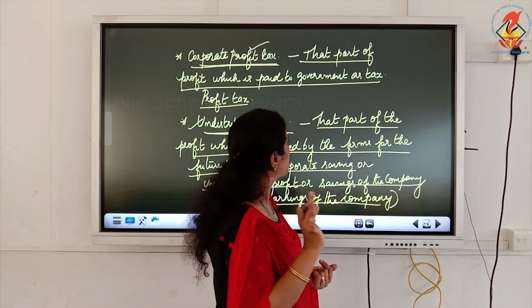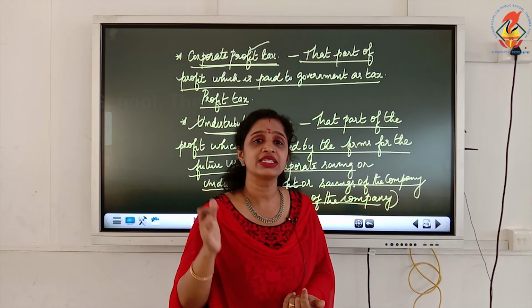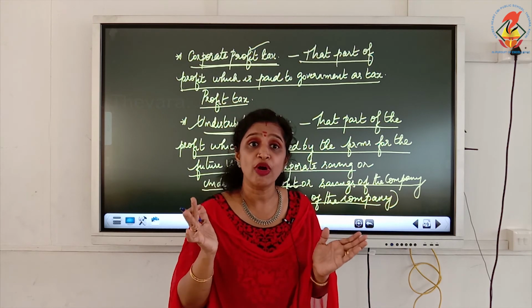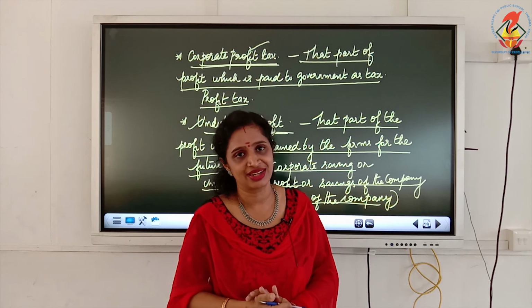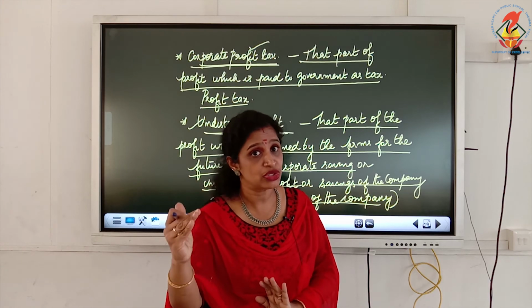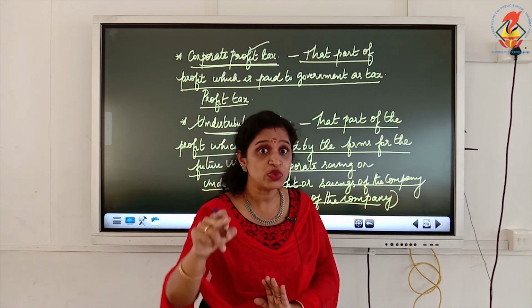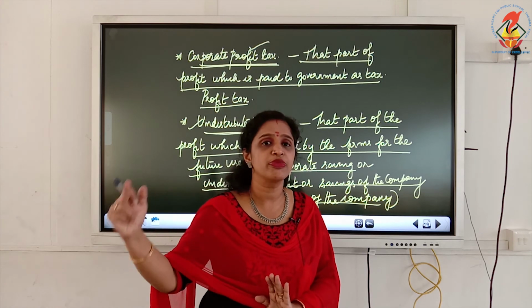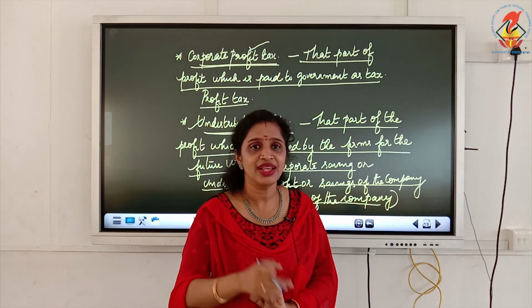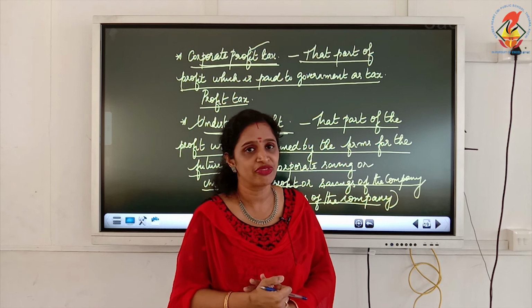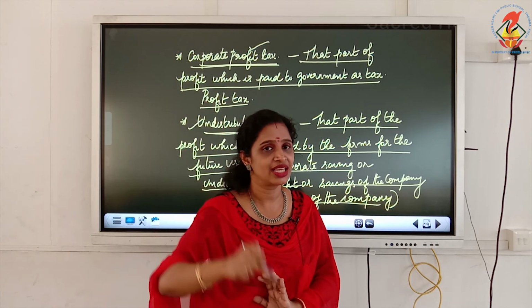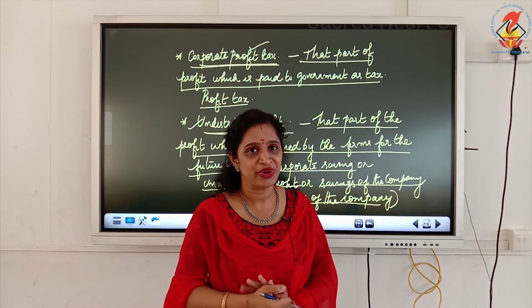So in the problem, it can be given as a heading profit. If it is profit, all the three components are there. Sometimes to confuse you, profit as well as dividend and undistributed profit will be given. So don't add dividend and undistributed profit, because in profit as a heading, already all the three components are there.